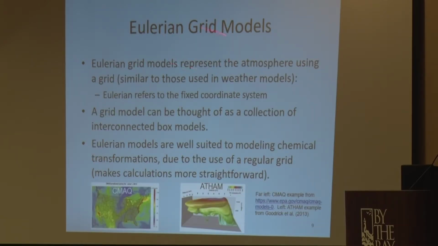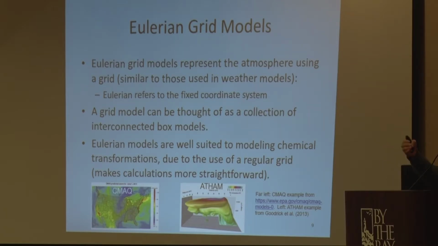And the last type of model is an Eulerian grid model. Eulerian grid models represent the atmosphere using, well, a grid, similar to those used in weather models. When you see your weather forecast, it's based on computer weather models, and most of them use a grid system. These are basically a collection of interconnected box models. With a box model, you might have hundreds of kilometers east-west and north-south, maybe 2 kilometers deep.